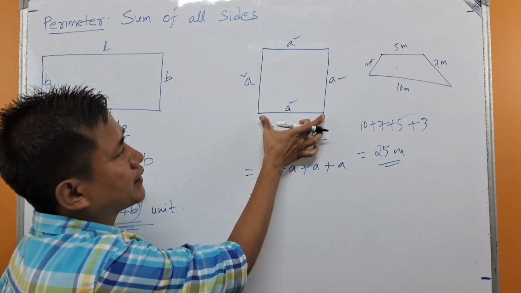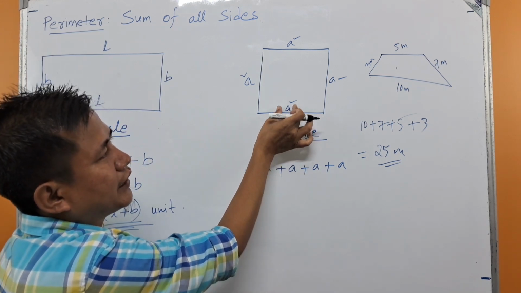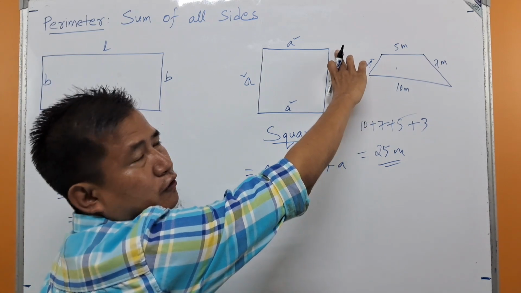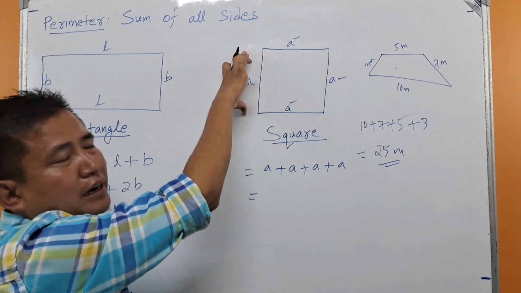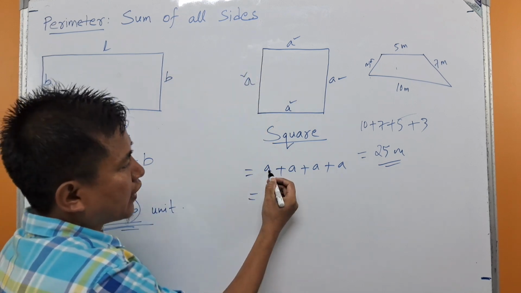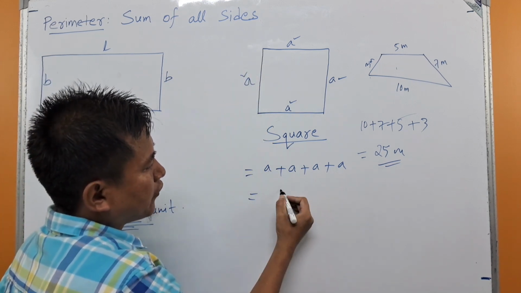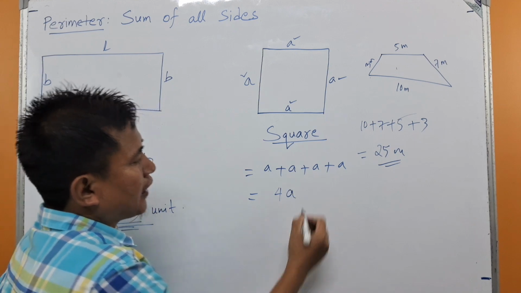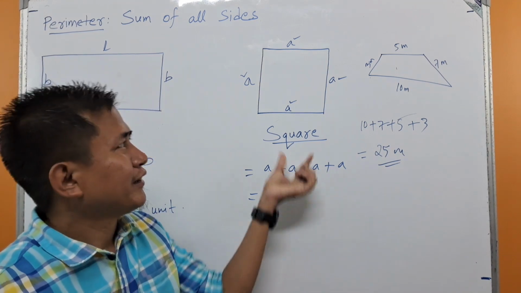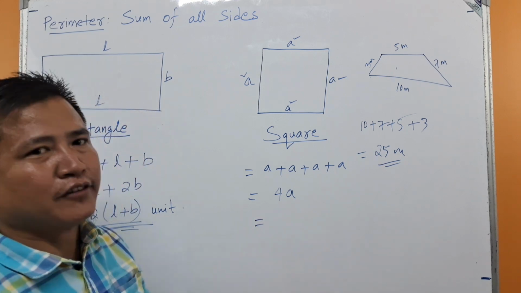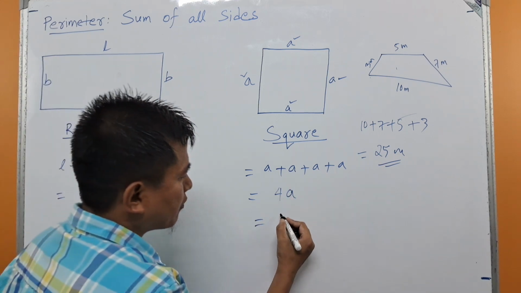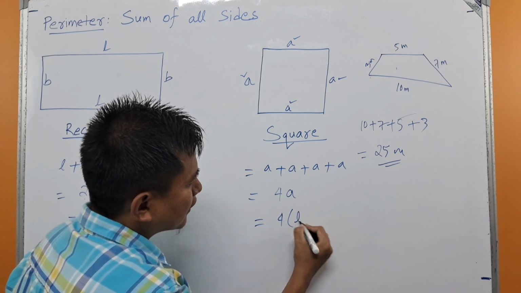I am assuming the length of this side is A unit. So the length of this side will also be A unit, length of this side will also be A unit, and the length of this side will also be A unit. So A plus A plus A plus A will give us 4A. A is the length of each side we have assumed. So basically perimeter for square is given by the formula 4 into length of each side.